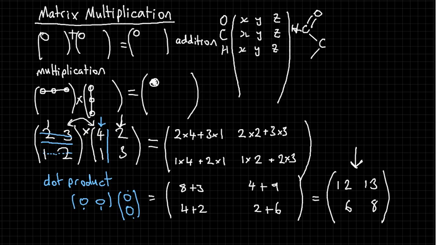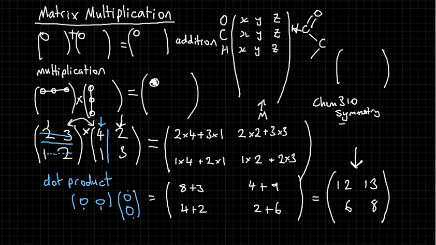And if you were to multiply this matrix here by another matrix, you could do things like rotate the molecule. So there are rotation matrices with cosines and sines, and you can rotate it by an angle. You can flip it, and basically in Chem 310, you look at a lot of these different operations on molecules, and you can work out symmetry from this, the symmetry of the molecule.